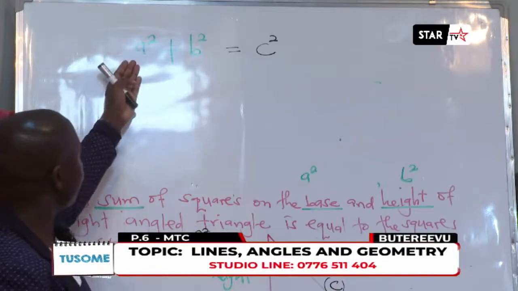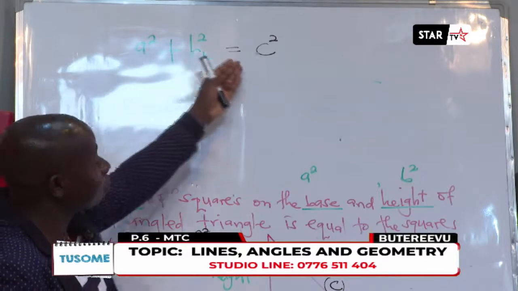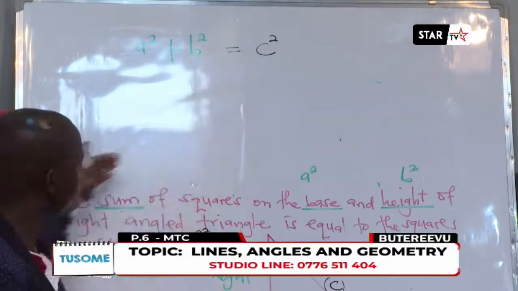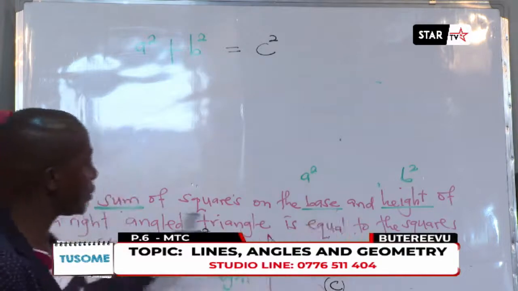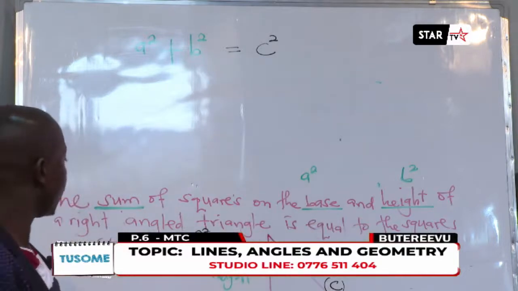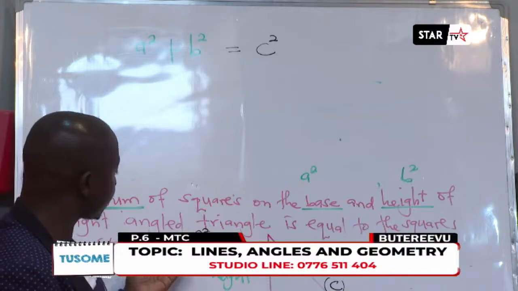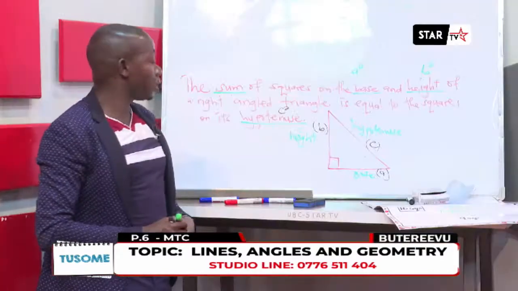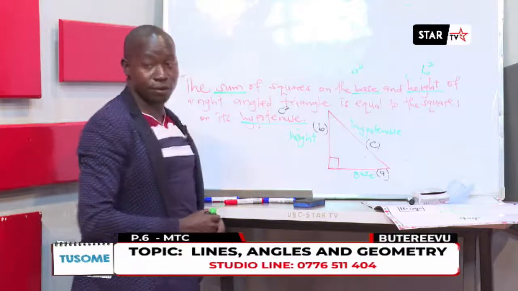So we say A squared plus B squared equals C squared. It is coming from our theory that was proven right by many examples carried out by the philosopher Pythagoras.